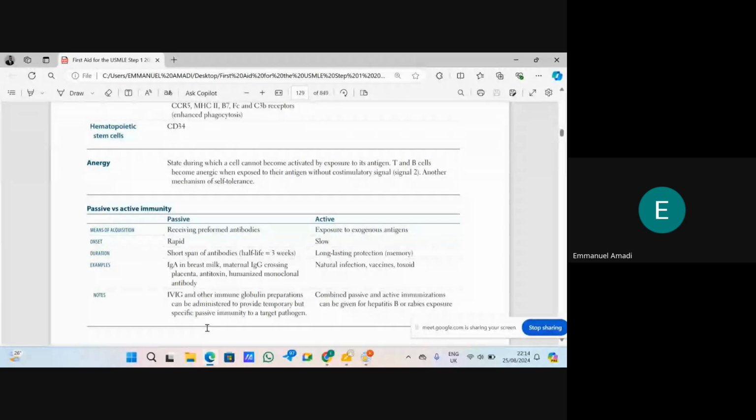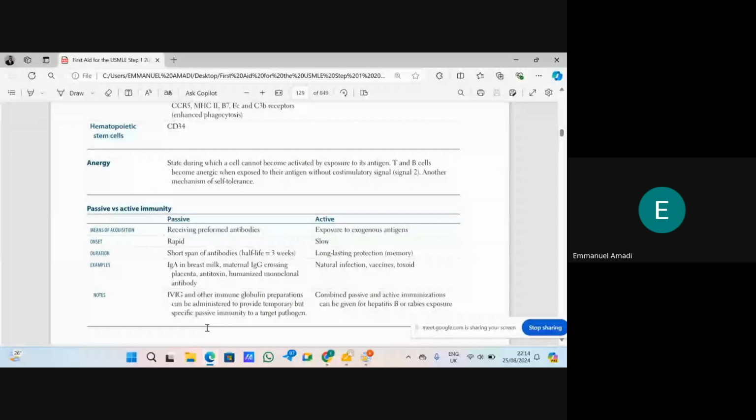When we talk of anergy, it means that you presented a self antigen to the T cells. When you present a self antigen to the T cells, automatically the T cells recognize it as self. Once it is recognized as self, it will stop functioning, because if it becomes activated, there will be problems. So that period where it becomes exhausted and ceases to function is what we call anergy.